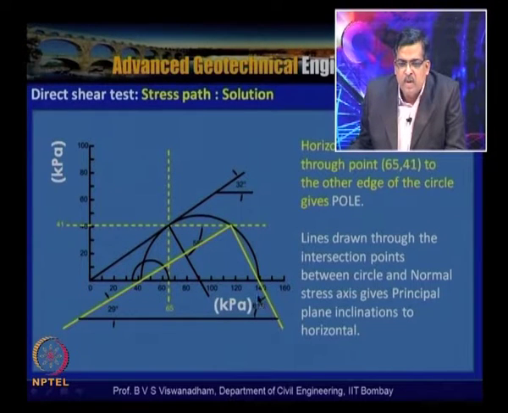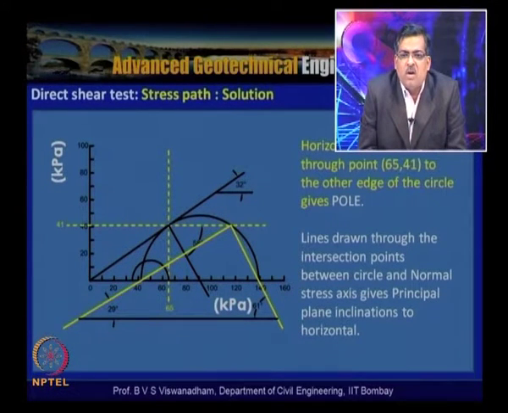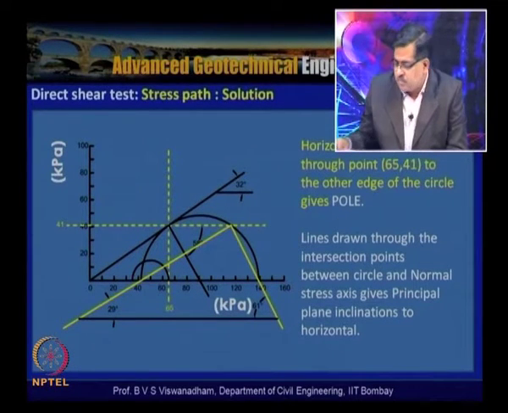With that we can see that initially, when the sample is just prepared, we have 65 degrees and about 30 odd kilopascals as the minor principal stress, but now the principal stress magnitude has increased as well as the direction also changed in the direct shear test.